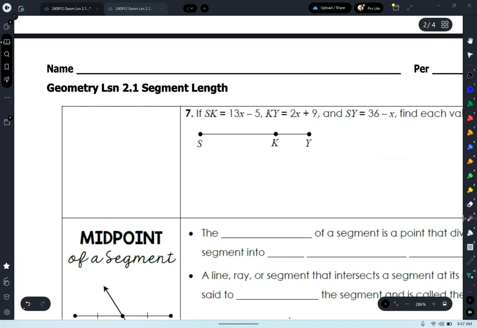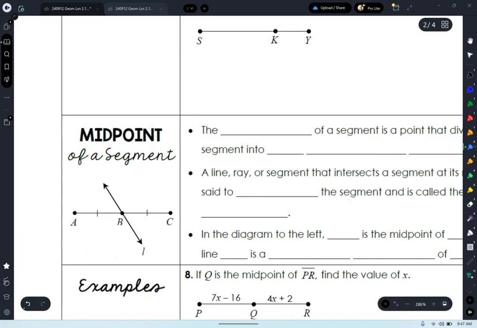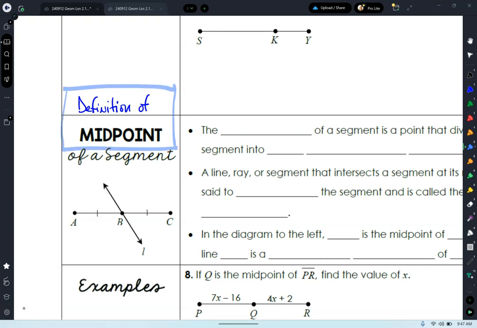All right. New tool. Right up here, I want you to write "definition of" and I want you to box that in. So the definition of a midpoint.